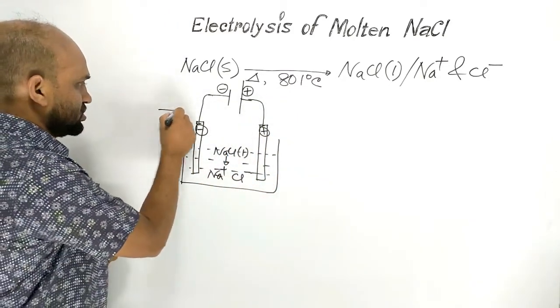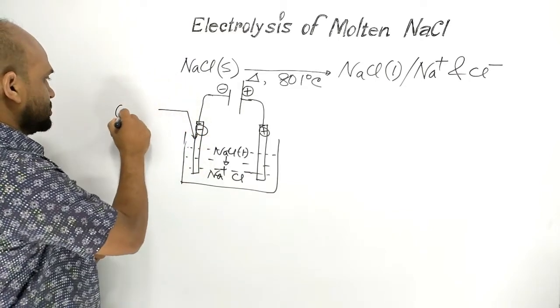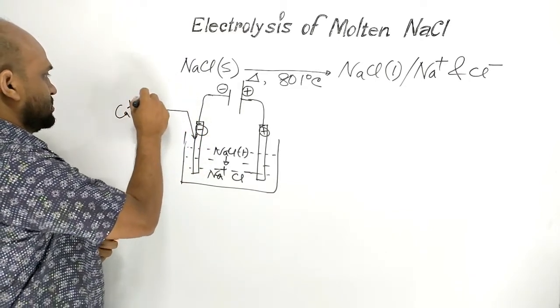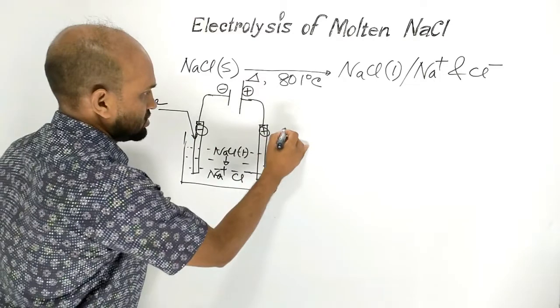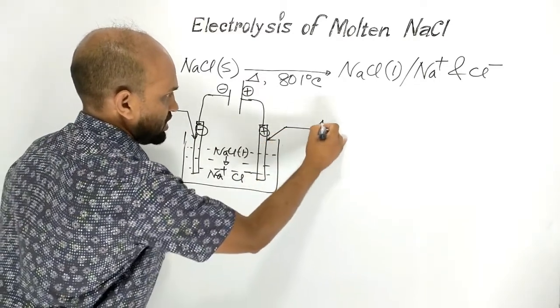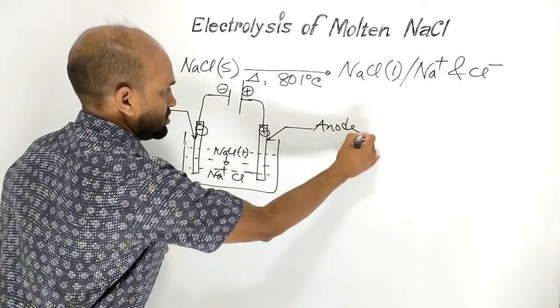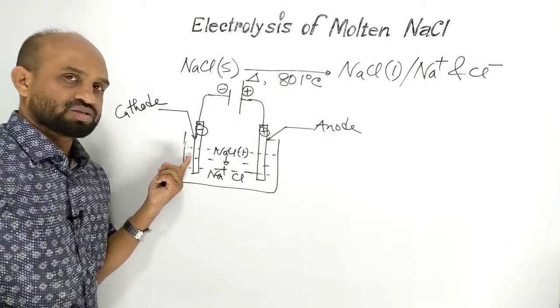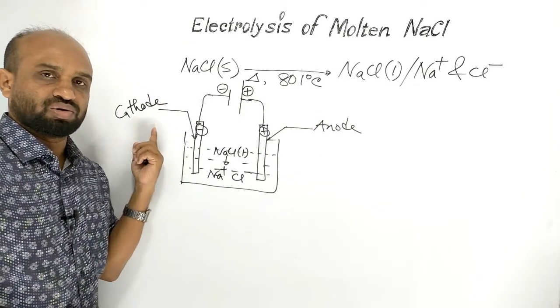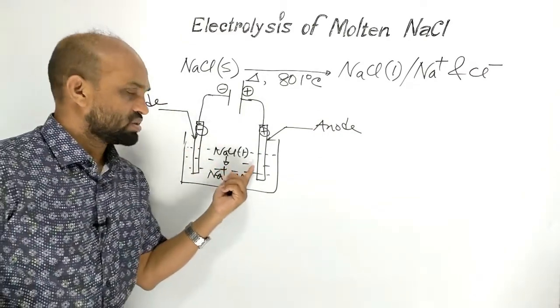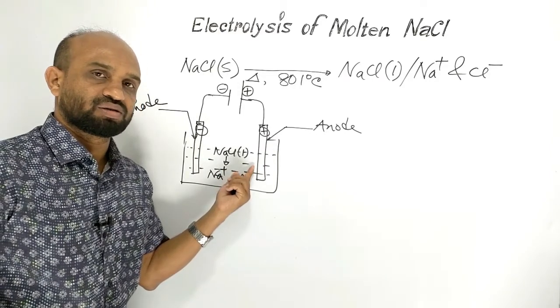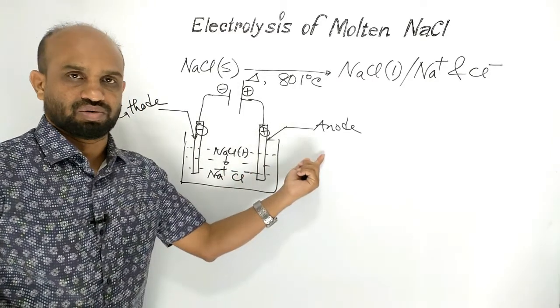We know this is cathode and this is anode. Negatively charged bar is cathode and positively charged electrode is anode.